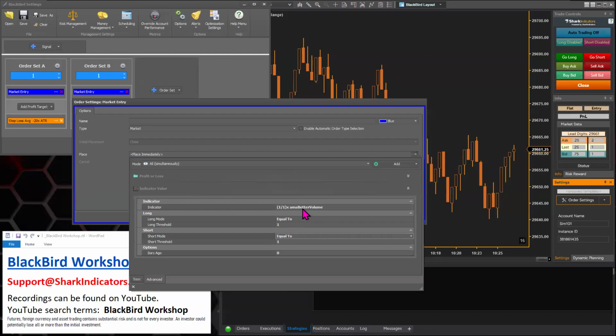Now, the key thing here is Blackbird does not place indicators on secondary timeframes. That's not the job of Blackbird, to be managing other indicators. So this custom indicator needs to load in this other instrument and time frame itself. And there you go.